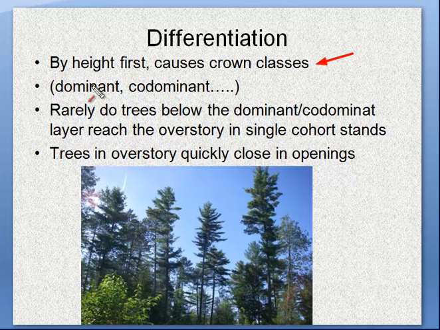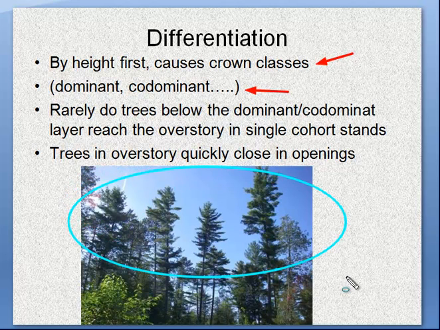So when everything starts to grow, the first trees that took off and established themselves become the dominant layer. Just roughly in this example, you would say these are the dominant, and anything else coming up in there would be the understory intermediate.